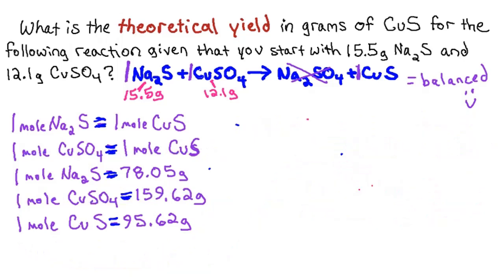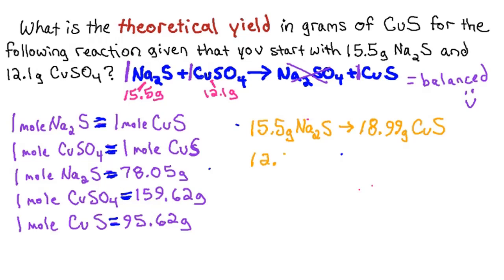So what we found from those two problems was that 15.5 grams of Na2S is going to yield 18.99 grams of CuS.